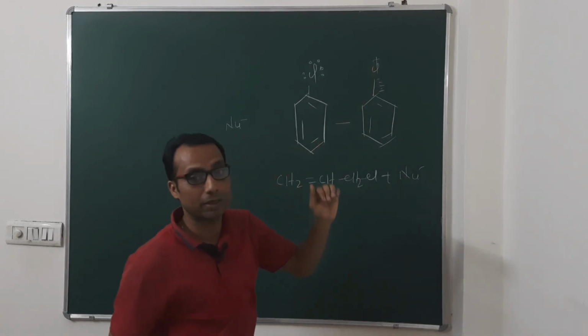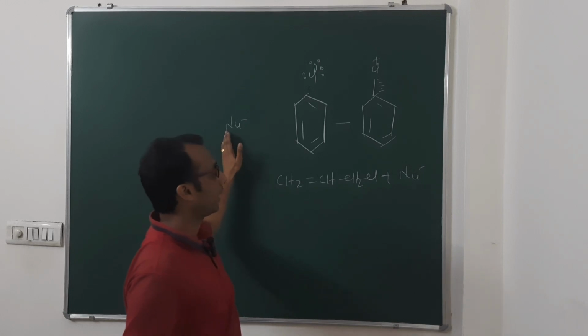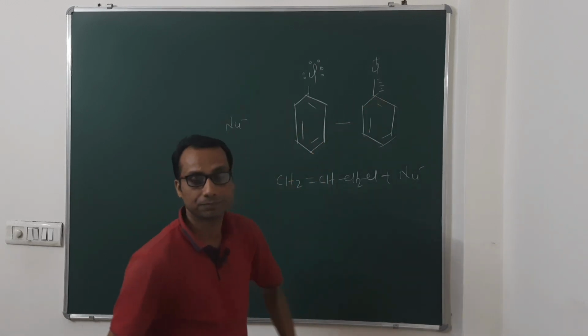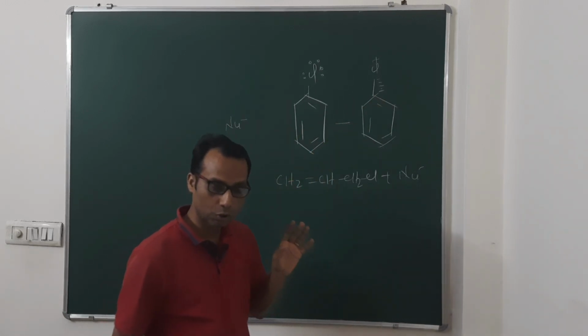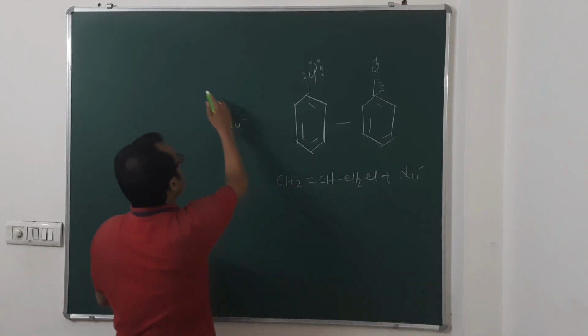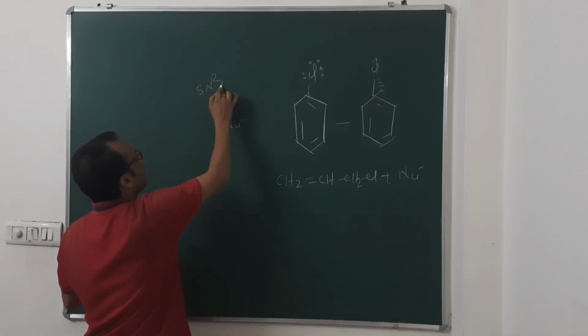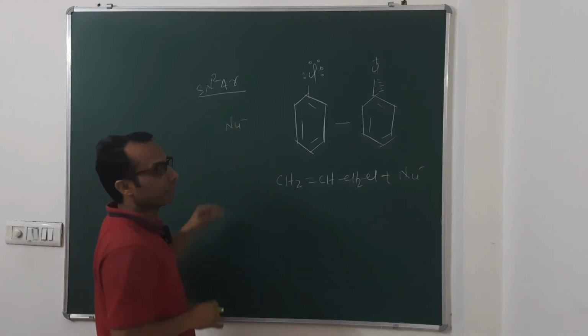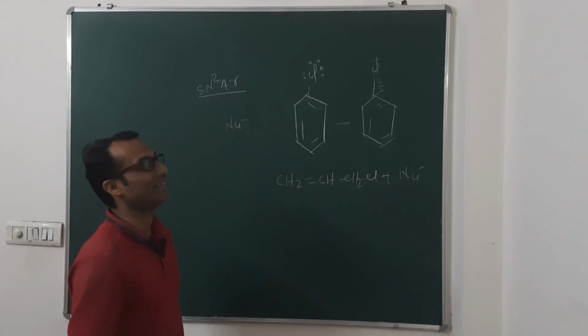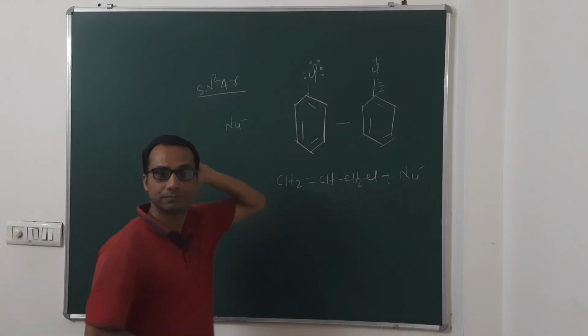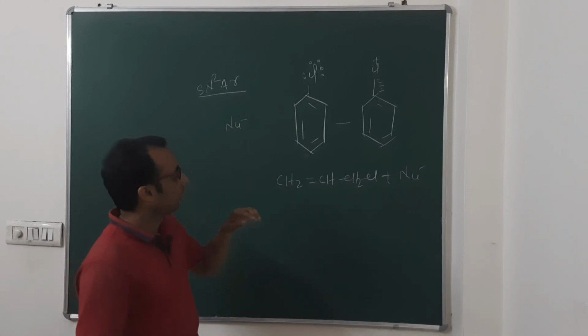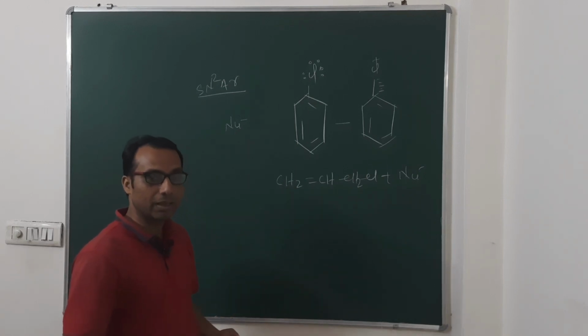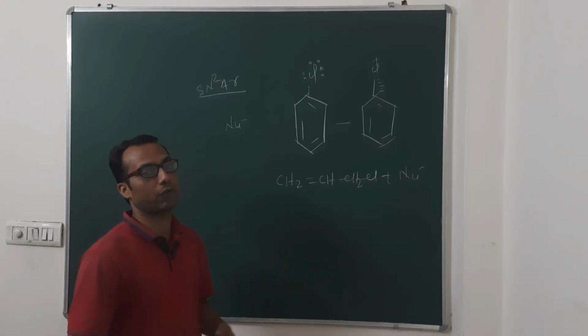So it's very difficult for any nucleophile to attack the center. So you can say that SNAr is not easily possible in chlorobenzene. Clear? But yes, it's possible at high temperature, high pressure and with a strong nucleophile.